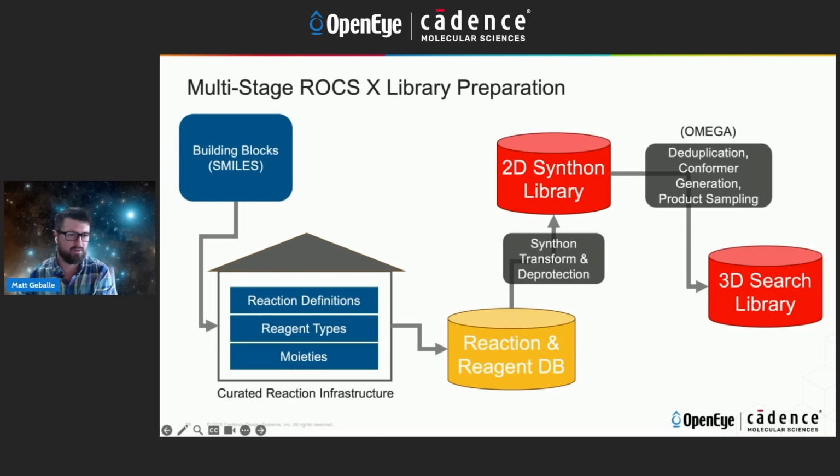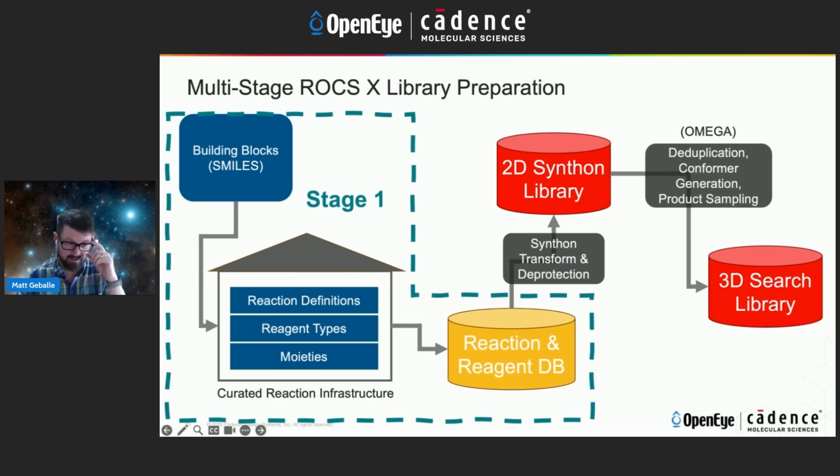So overall, the approach for building a library for ROCS X is a three-step process. But we provide a flow that runs these multiple stages for you so that it's a very simple process if you want to prepare your own library, which is something that you can do with the ROCS X flows. So the inputs that you require are a set of building blocks, either from a vendor or from your in-stock supplies.